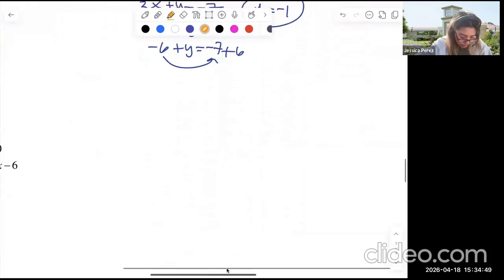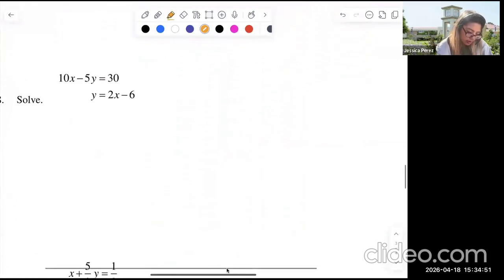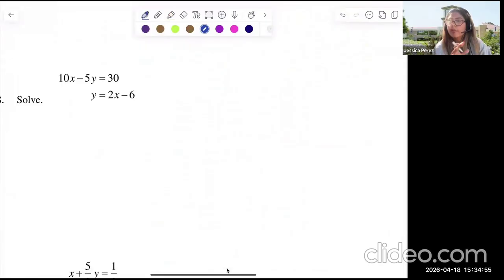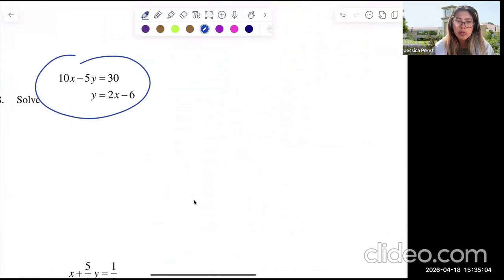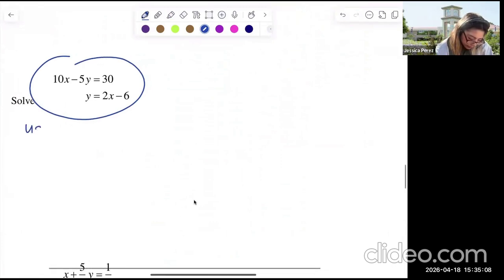And we are going to try substitution on the next question. You can kind of distinguish if they're in a certain format. It's easier for you to do addition than substitution. And it's really obvious when you use the substitution method because one equation is already solved for. So let's use the substitution method here.